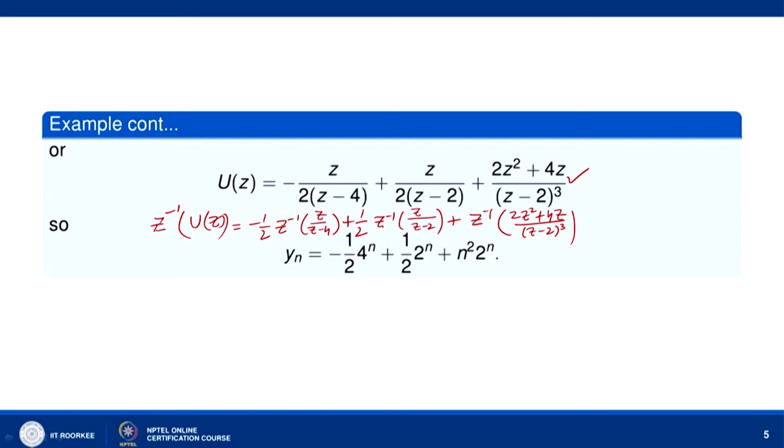Z inverse of z over z minus 4 is 4 to the power n. So we have minus half into 4 to the power n. Then Z inverse of z over z minus 2 is 2 to the power n. So we have half into 2 to the power n.